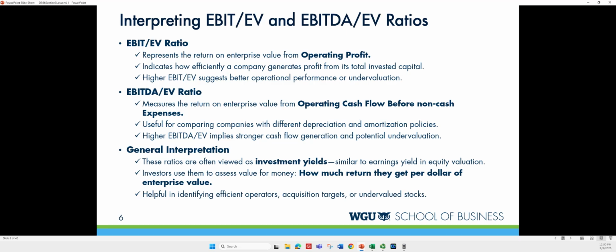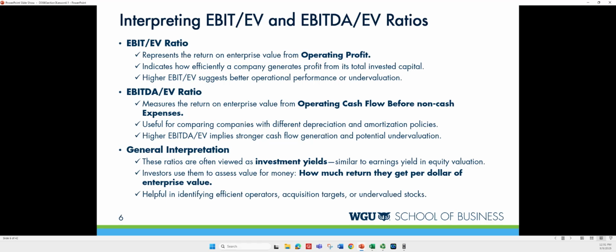So in general, we look at these ratios as yield ratios, meaning how much return we are getting on an investment. It's the same thing we look at as far as earnings yield in equity valuation in our stocks.